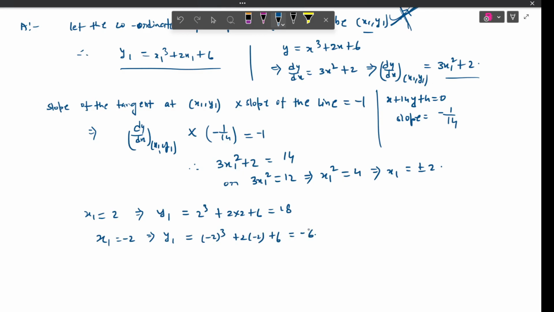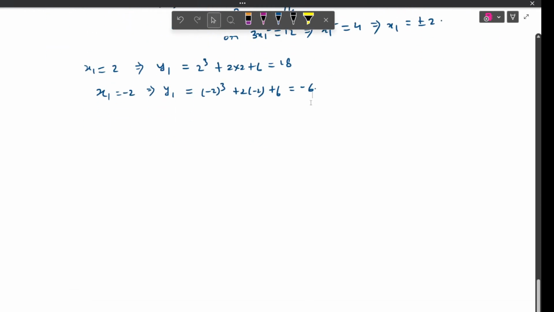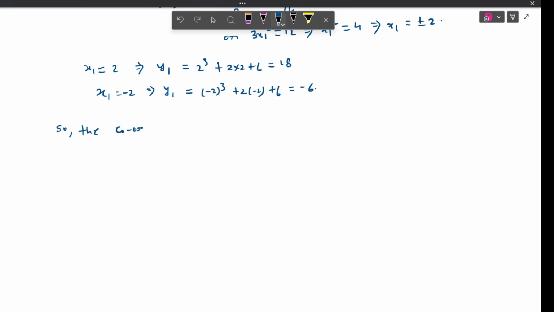This should be minus 6. Okay, so the coordinates of the points of contact are 2 comma 18 and minus 2 comma minus 6.